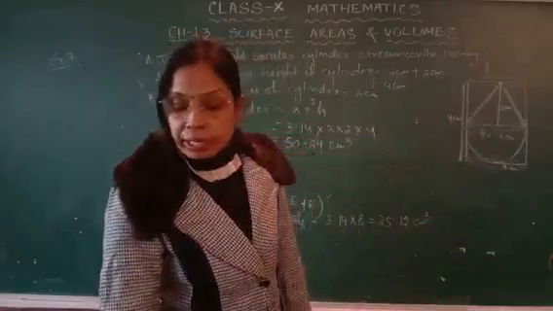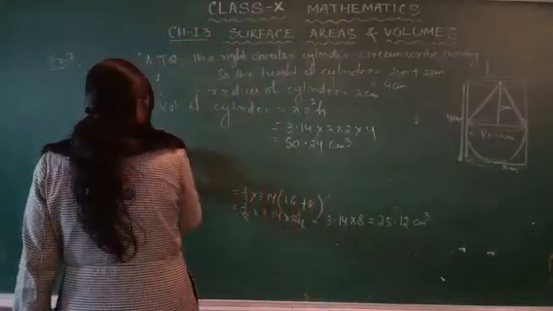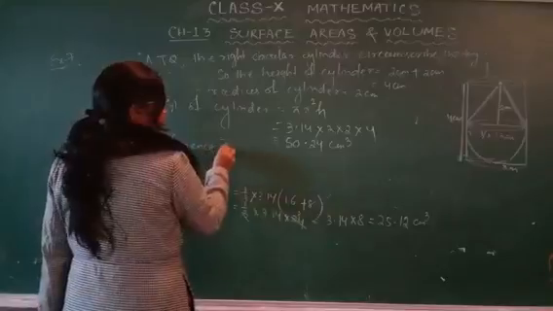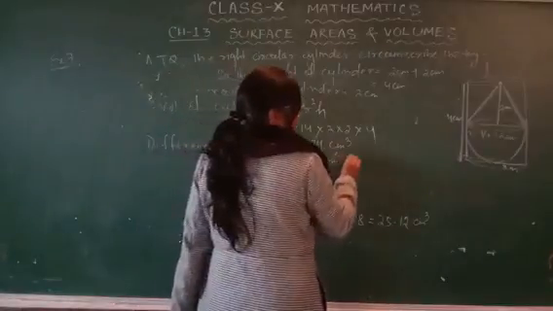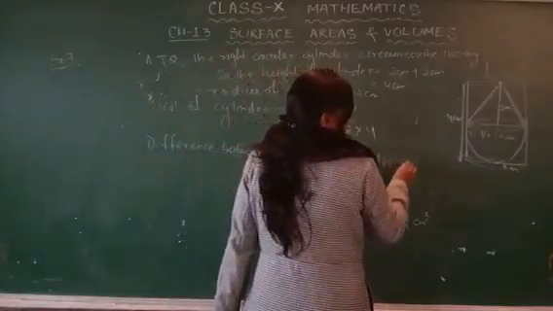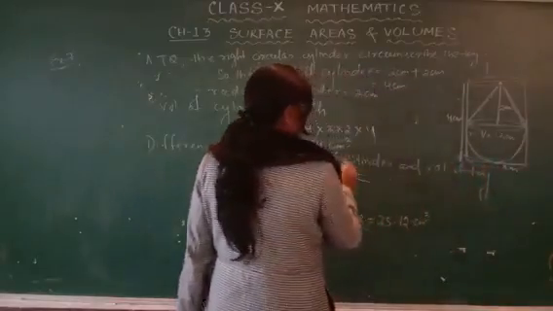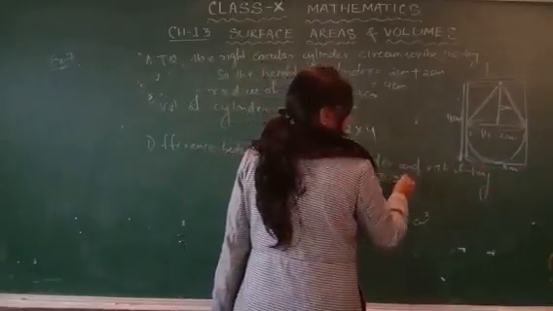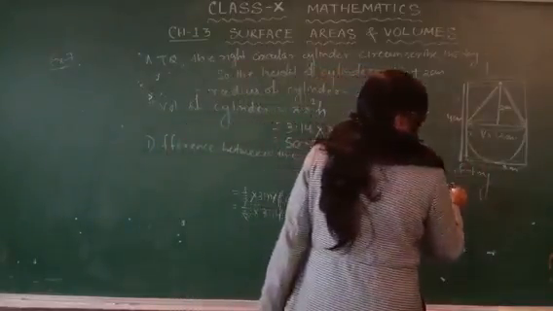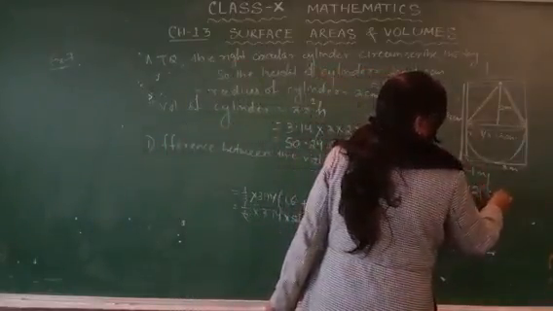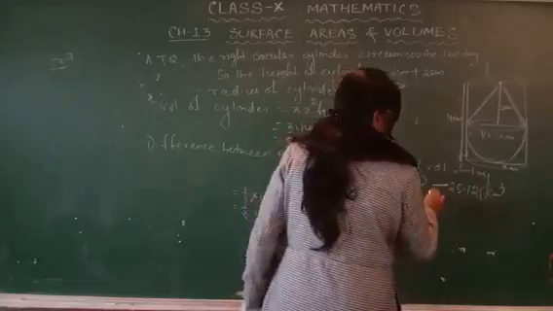But here the question said, what is the difference between the volume of the cylinder and the toy? So the difference between the volume of a cylinder and the volume of a toy is equal to the volume of the cylinder, 50.24 centimeter cube, minus the volume of the toy, 25.12 centimeter cube, that is equal to 25.12 centimeter cube.